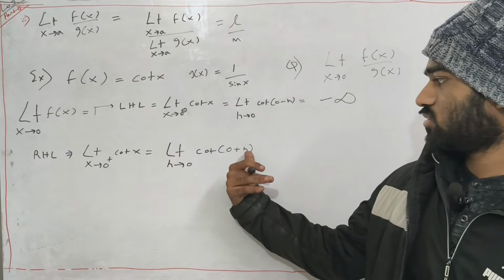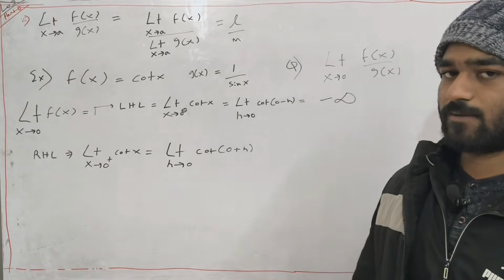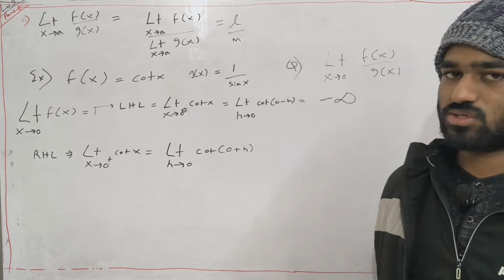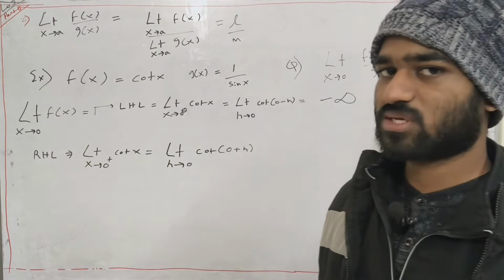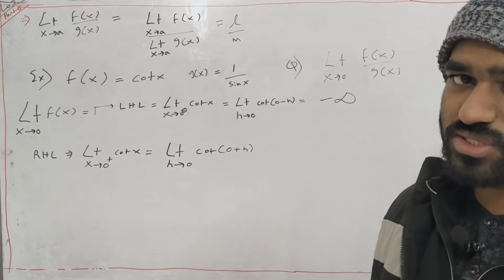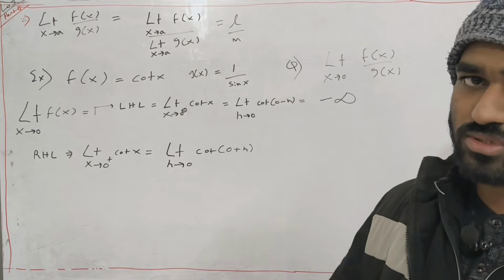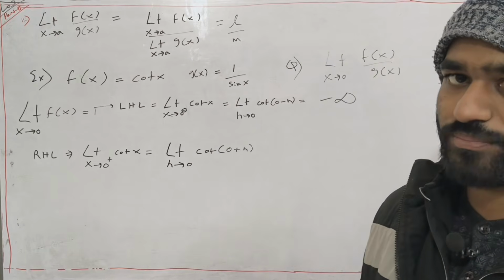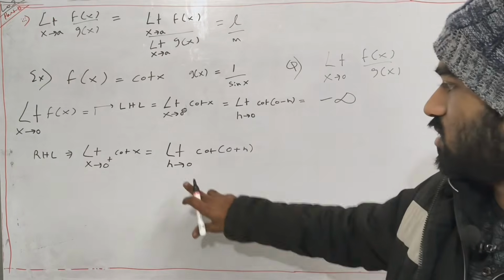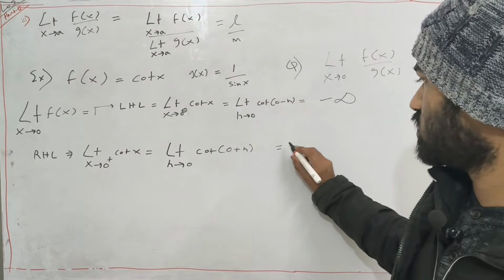Since h is positive, cot of just greater than 0 is plus infinity, because cos 0 by sin 0, sin 0 tends to 0 and cos 0 tends to 1, so it is going to plus infinity.